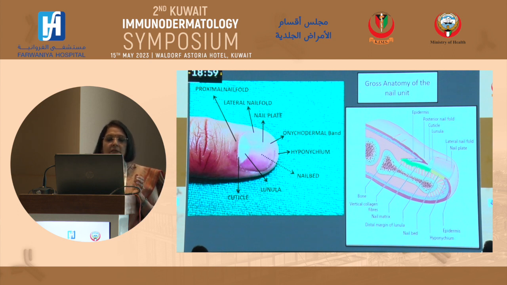And then there is the cuticle, which is a semi-transparent membrane which adheres the proximal nail fold onto the nail plate, and it seals the space, so there is no space. If the cuticle is destroyed, then there is a potential space, and it can be invaded by candida or bacteria or whatever. On the right side, there is a sagittal section.